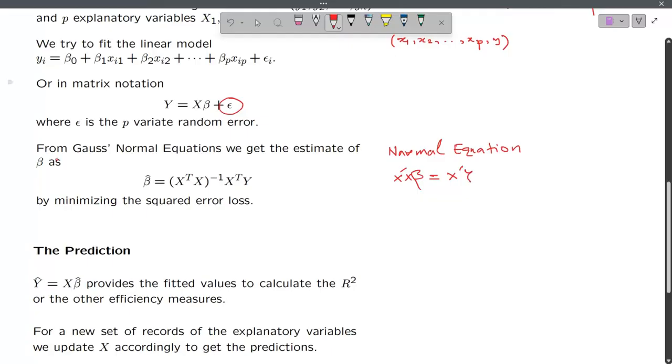This is the normal equation from where we get the estimate of beta hat, which is X transpose X inverse X transpose y. So this is the estimate of our parameters in the linear model, obtained by minimizing the squared error loss.